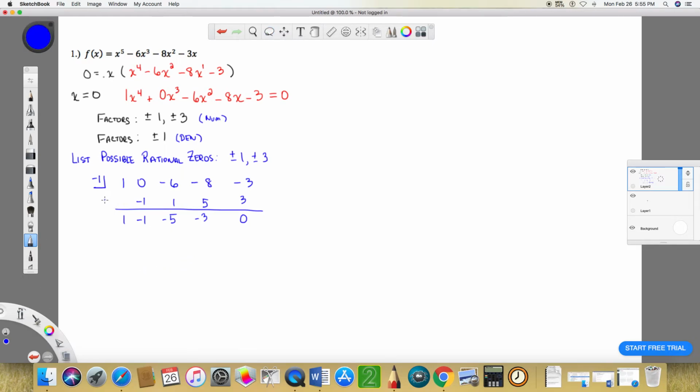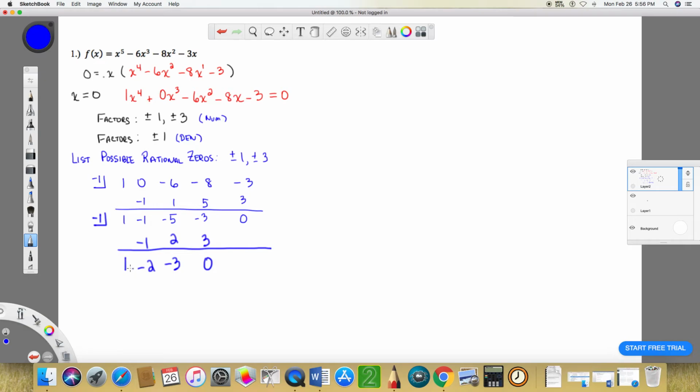So it could be that negative 1 might have a multiplicity greater than 1. So let's just check and see if by chance we get lucky and find another 0. Maybe it is, maybe it's not. But it looks like it is.